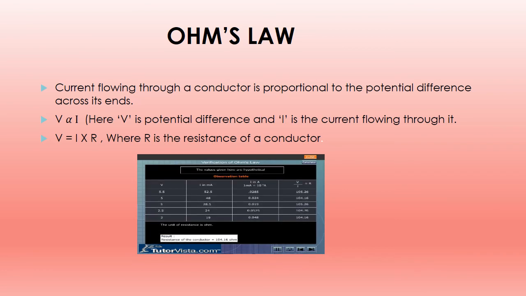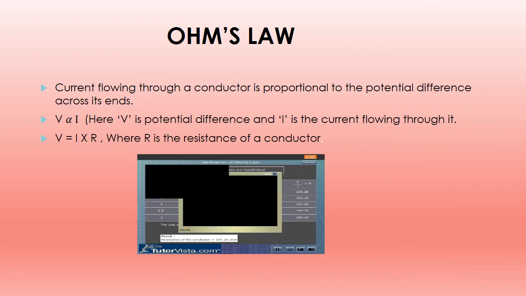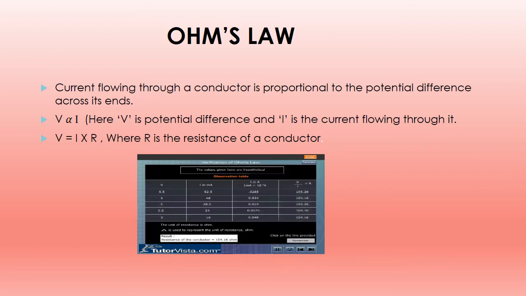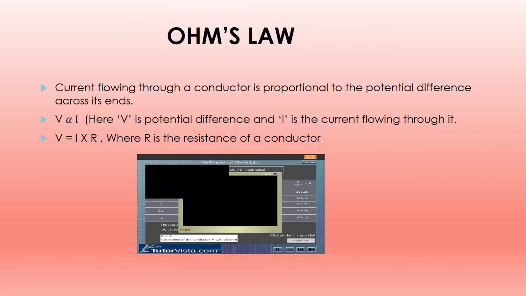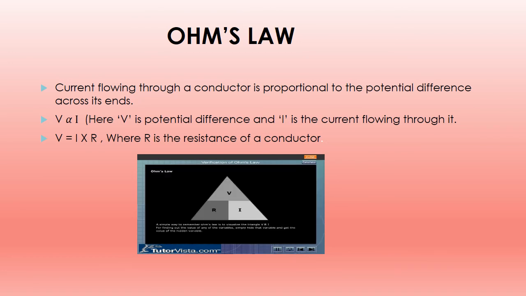The unit of resistance is ohm. The Greek letter omega is used to represent the unit of resistance, ohm. Click on the link provided to remember the relation between V, R and I. A simple way to remember Ohm's law is to visualize the triangle VRI.